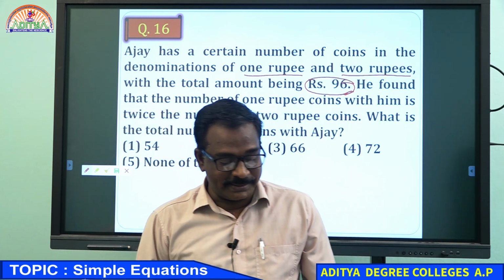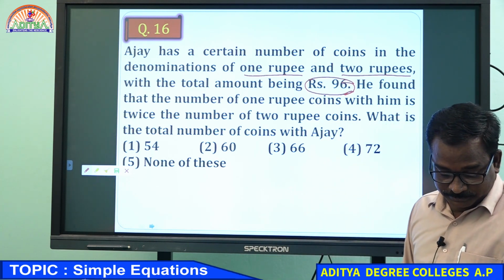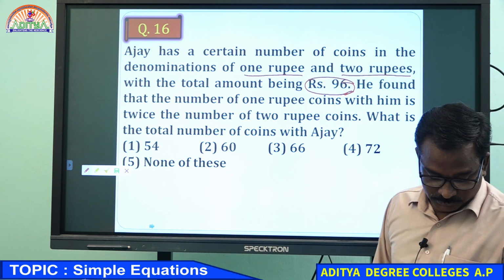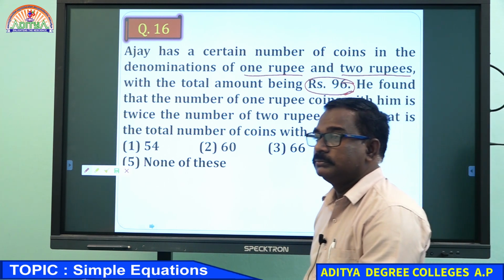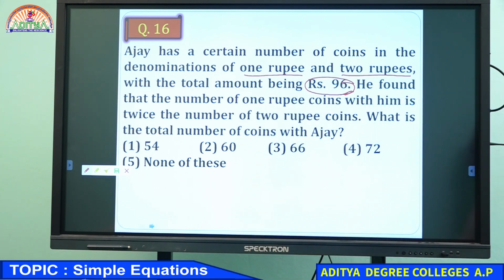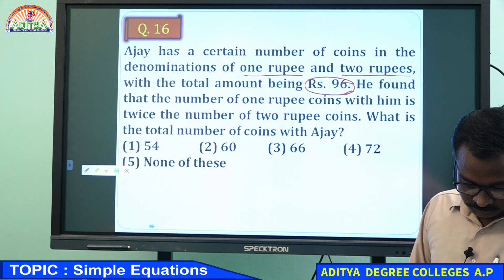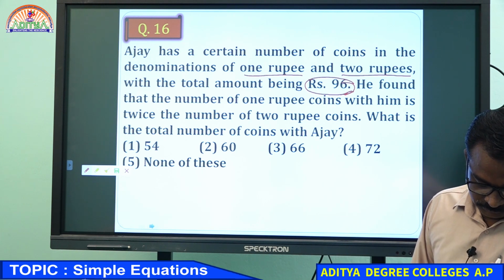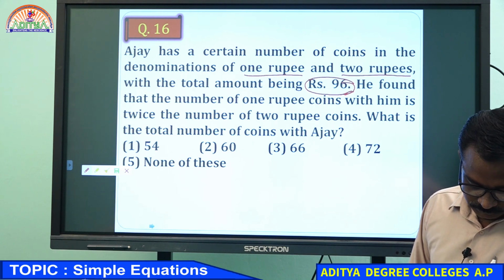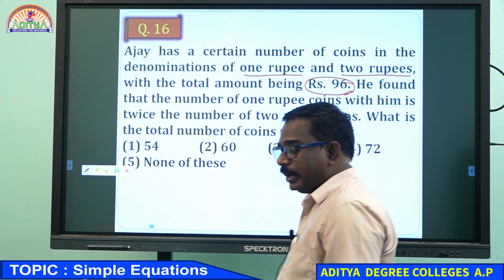Somebody gave an immediate answer of 66. You can take the equations in a simple manner.